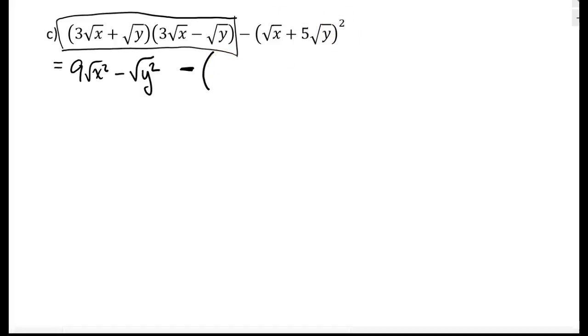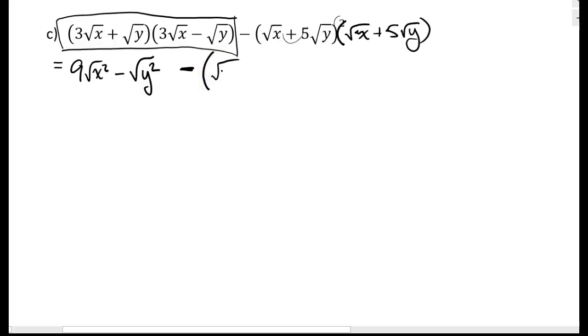No, do not do that, because remember what this square actually means is it's multiplying by itself. So by just squaring each individual term, you are forgetting those middle terms. And unfortunately, because these have the same sign, they are not going to cancel out.